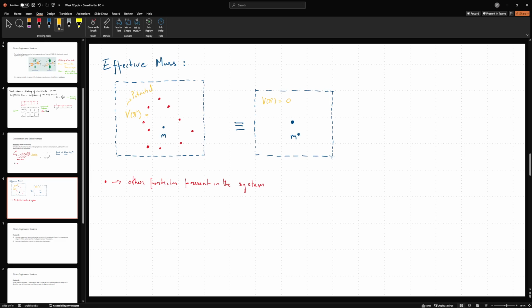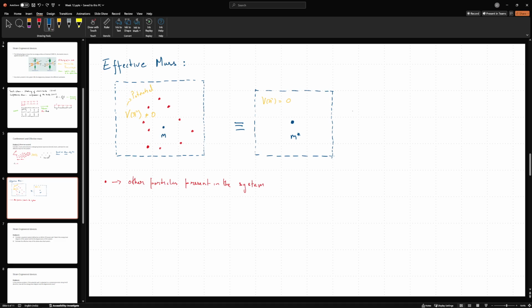So this is what I do. And at this point, the effective mass can also be variable. It is not that the effective mass is always a constant. I can also have a variable effective mass to account for all of this movement, all of these external interactions. So this is the notion of effective mass. m star is the effective mass.